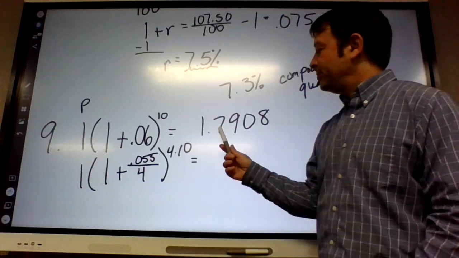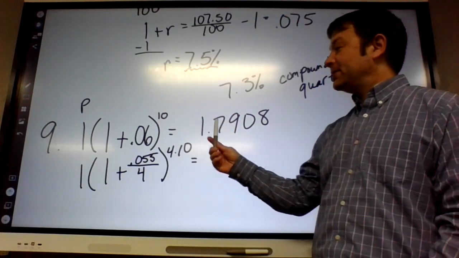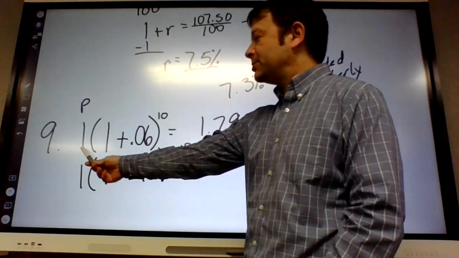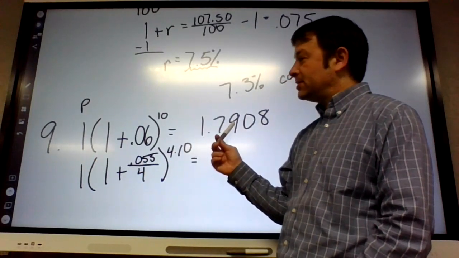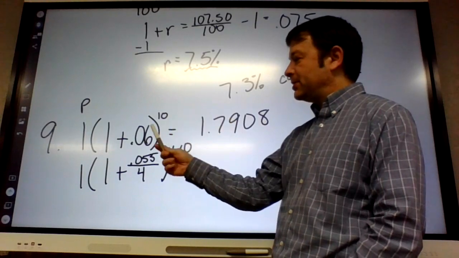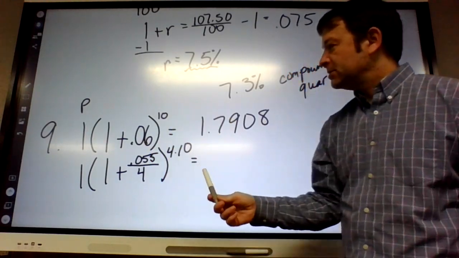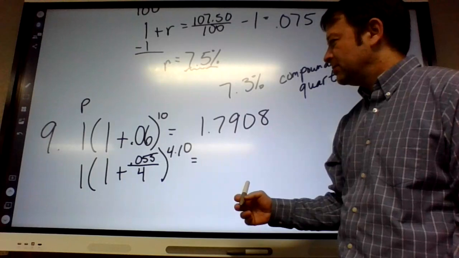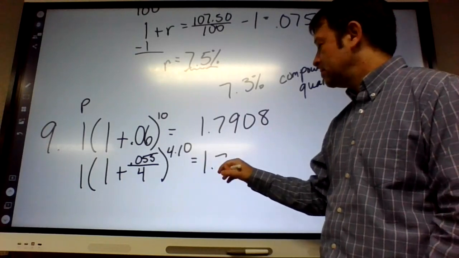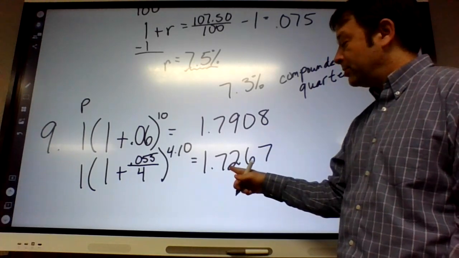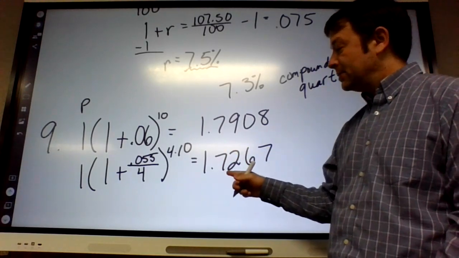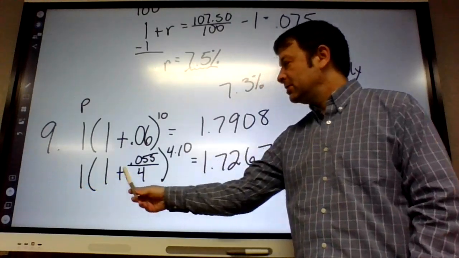Okay, so that kind of means we're making 79 cents on each dollar, because I just put a 1 up here. So for each dollar, we're gonna make 79 cents. That's pretty good. It's 10 years, a high interest rate. 1.7267. Okay, and then with Plan B, we're only getting about 73 cents on each dollar.